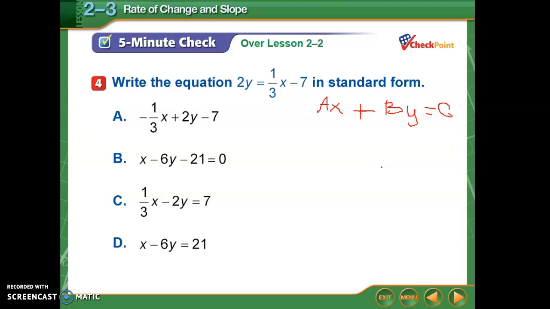So what do you have there? All you need to move is this. Move this to the other side. You can start with that.